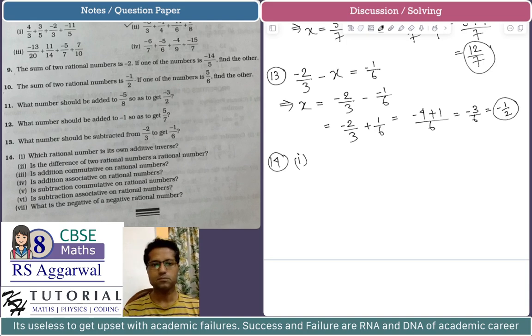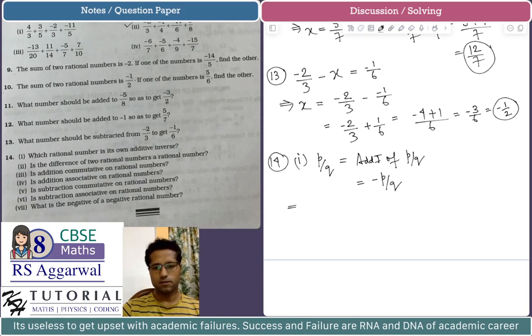Now, if you want the proof, if you want to see why it is so, let's say the rational number which is equal to its additive inverse is p by q. So I will have p by q is equal to its additive inverse, which is minus p by q.